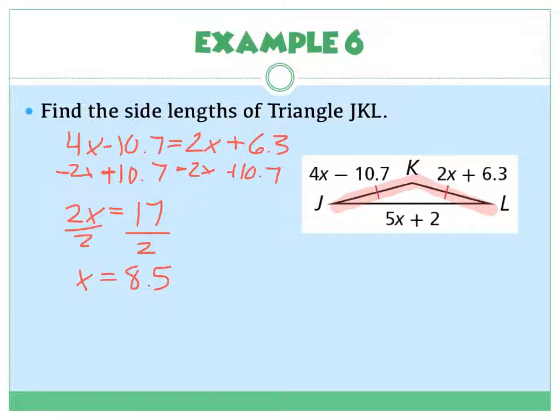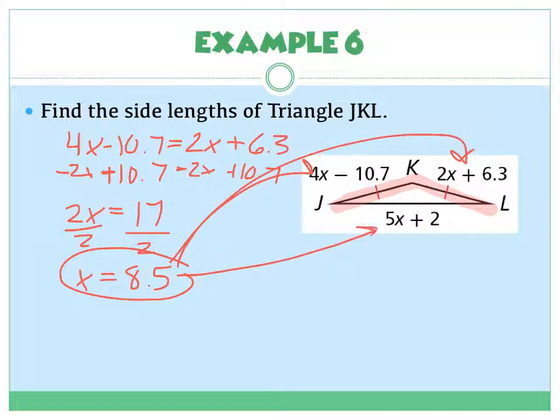So now that we found x, we can take this and plug it in to all three sides. So for side JK, we get 4 times 8.5 minus 10.7.